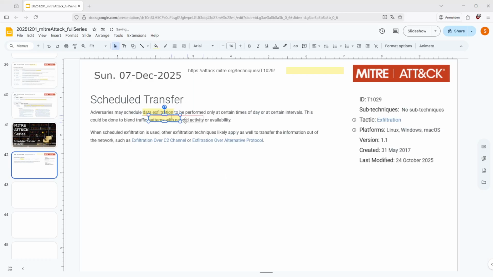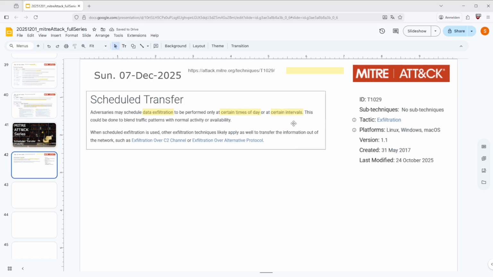Interesting. The scheduled aspect behind that is an automated script that does that. And by scheduling it at certain times, it doesn't look like an anomaly anymore.